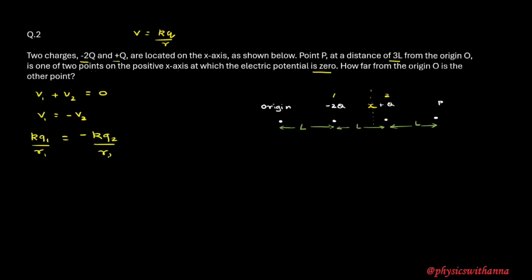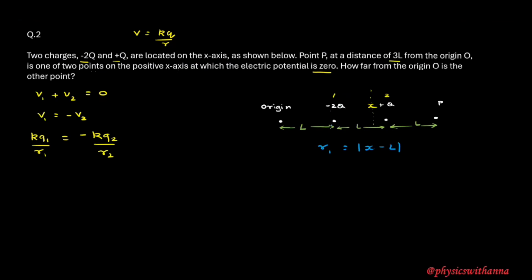over R2. Q1 is charge 1, which is negative 2Q. Q2 is charge 2, which is positive Q. R1 is the distance of X from charge negative 2Q, which we can take to be equal to mod X minus L, which I got by using the distance formula. Just subtract the two position values.